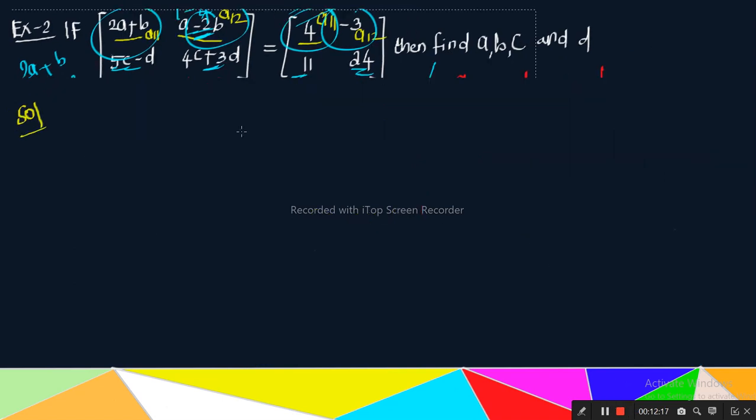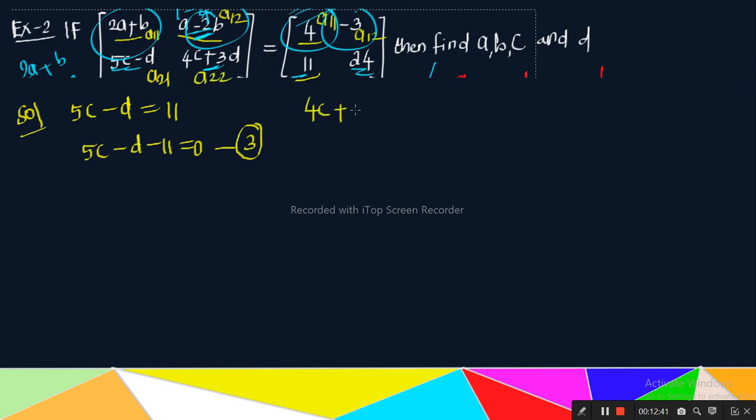Now let me find the values of c and d. This is a21. a21 here is 5c minus d, which is equal to 11. This will be 5c minus d minus 11 is equal to 0. That is equation number 3. Now equating a22: 4c plus 3d is equal to 24.